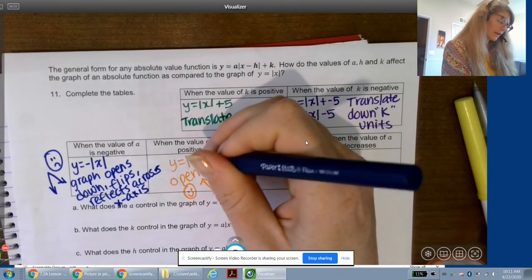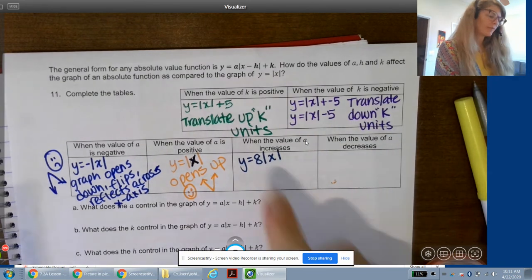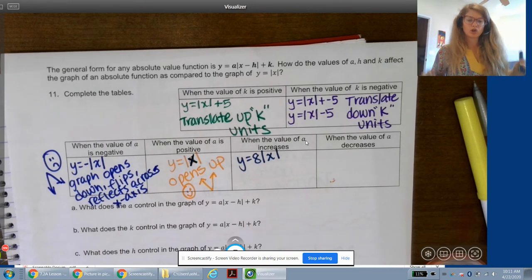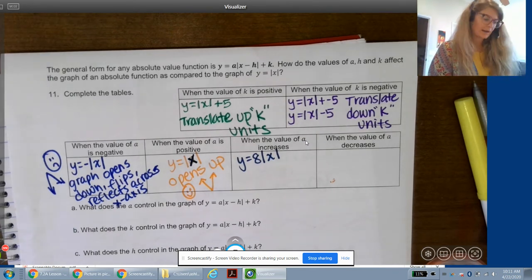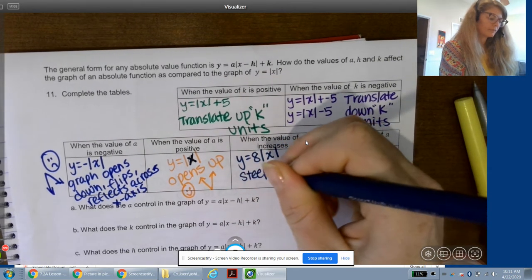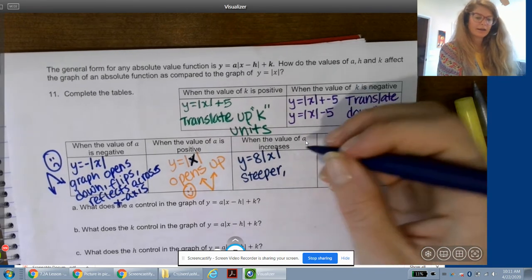Sorry, my bad. That's going to make it grow super fast. When it grows super fast, the graph's going to get really narrow. It's a super fast metabolism. So the graph's going to be steeper and narrower.